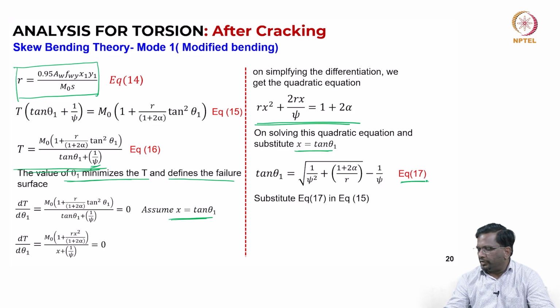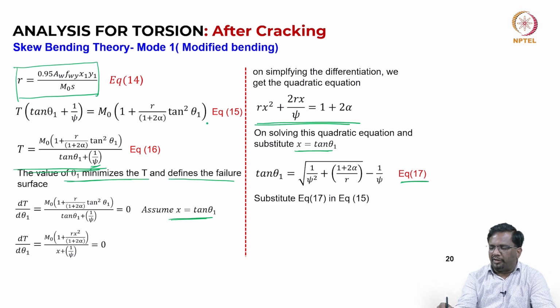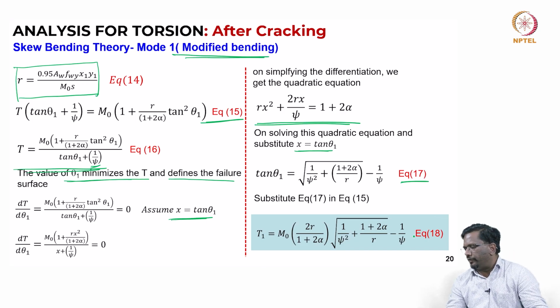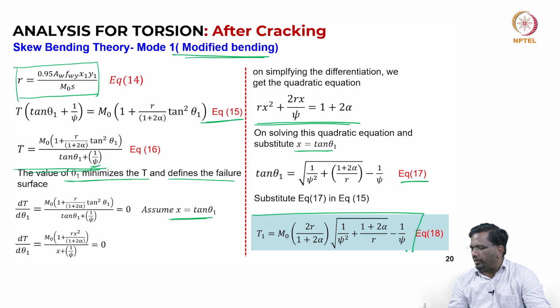Now, this 17 that we found, if you put it back into equation 15, then you can find an expression for your T1 that is going to create this resultant vector that we talked about, which defines this inclined failure surface, the modified bending failure surface. So, this is the way we can form this.